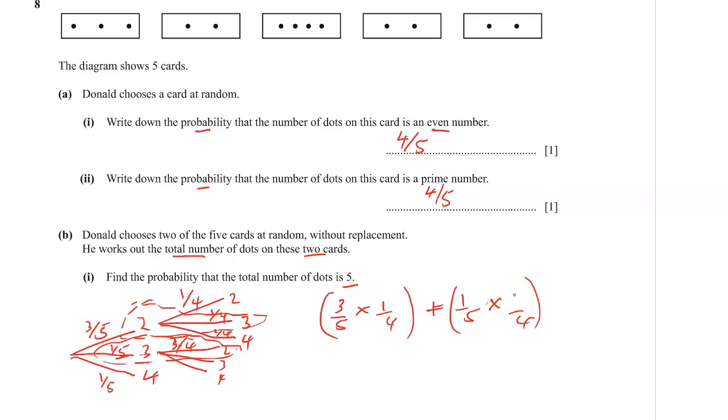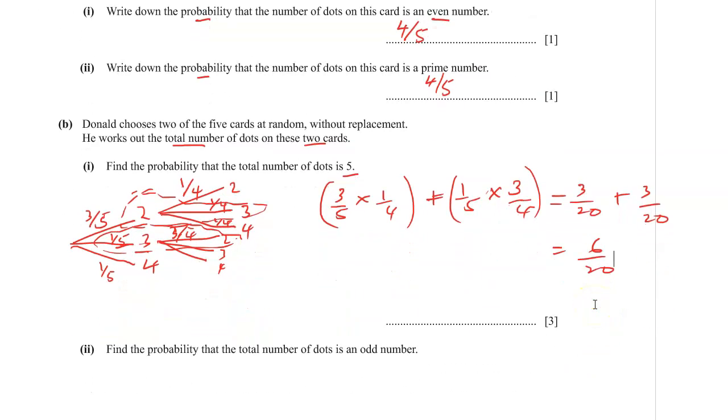This is 3. So this will give us 3 over 20 plus 3 over 20. And therefore this will give us 6 on 20. So the probability that the total number of dots is 5 will be 6 upon 20.